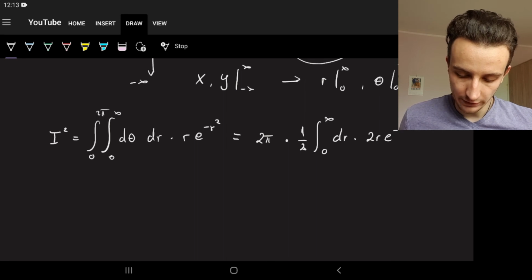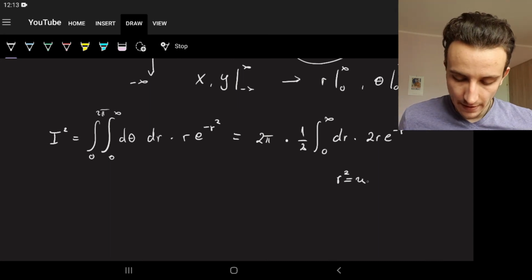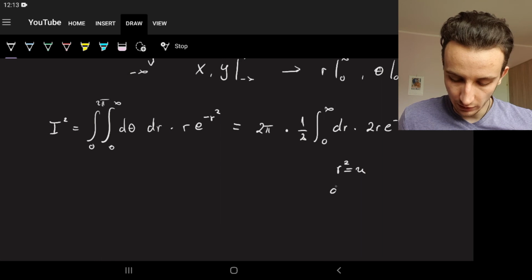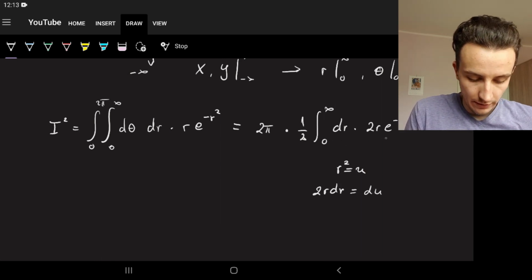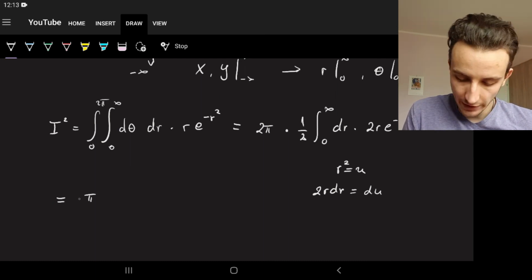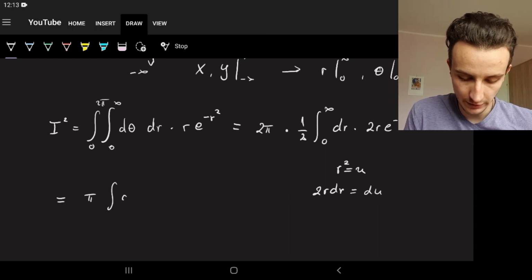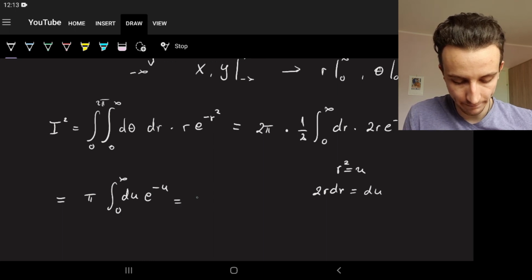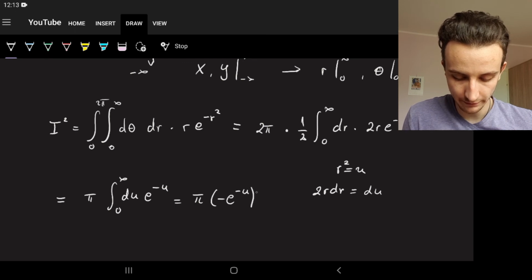And now all I need to do is say that r squared is u. The bounds are the same. u goes from 0 to infinity. And dr times 2r is du. So this guy becomes du. And I just get 2 pi. Well, I can get just pi, canceling with the fraction. I have du times e to the minus u. Pretty simple integral. It's pi times minus e to the minus u from 0 to infinity.